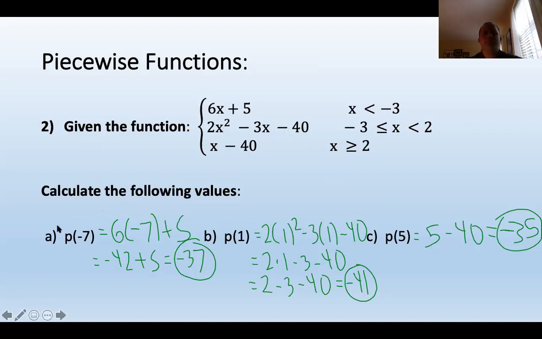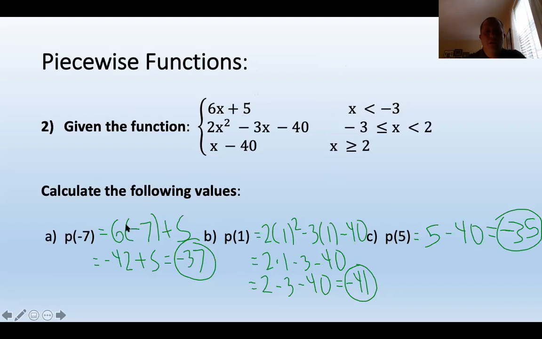We're going to calculate p of negative 7. Negative 7 represents your x coordinate. You're going to plug that number, or substitute that number, in for x, but you have to determine which function to substitute the number in for, because the function varies depending on what x is. Now, negative 7 falls in the range of being less than negative 3, so we would want to use the top function to substitute in for x.